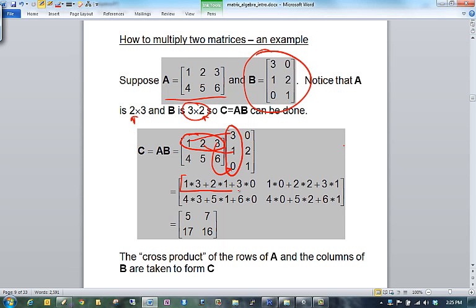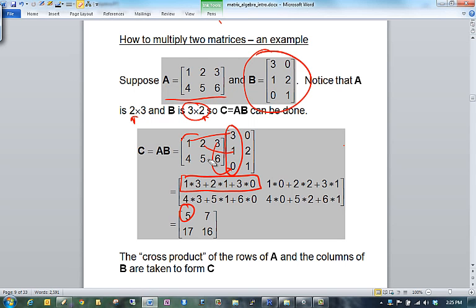You see that happening right here. And then I add them up. So 1 times 3 is 3, plus 2 times 1 is 2, plus 3 times 0 is 0, so I get 5. Notice since I had the first row of A and first column of B, that means I have the 1,1 element of the resulting matrix C.